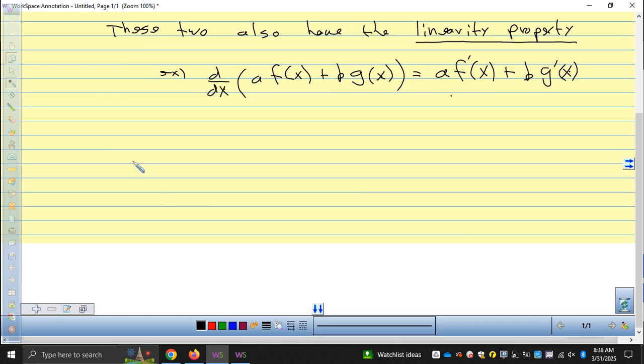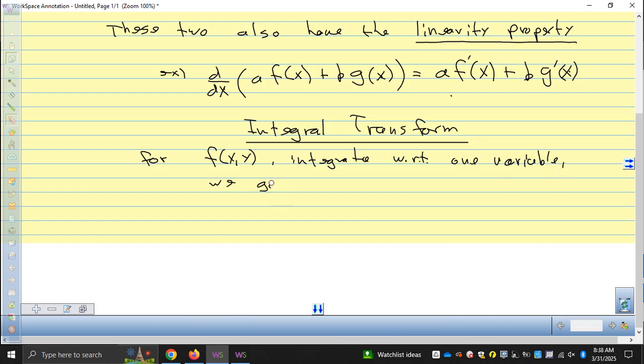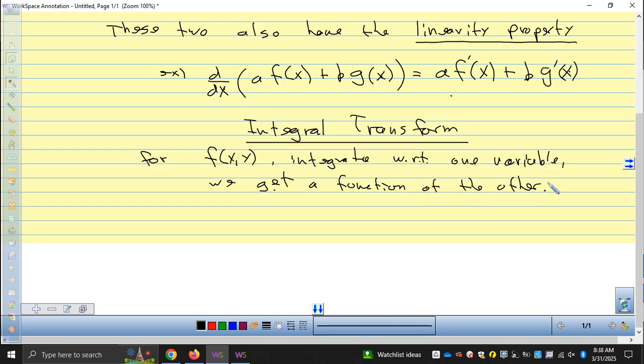So what we mean by an integral transform is that if we have some function of x and y, we know if we integrate with respect to one variable, we get a function of the other variable. We saw that a lot when we did multiple integration.